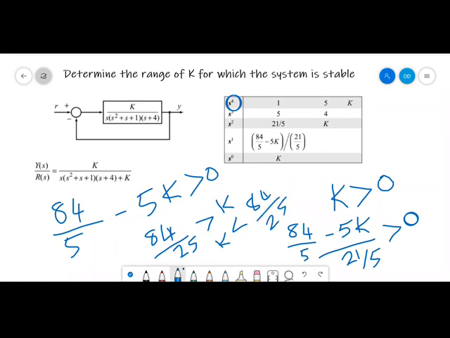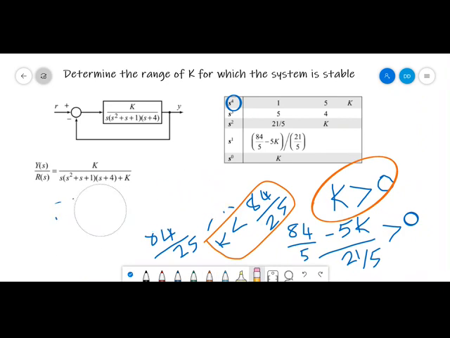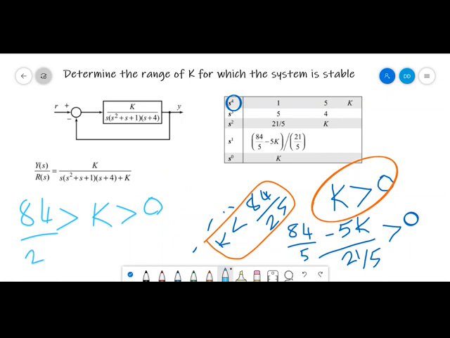So our K value should be greater than 0 and less than 84 by 25. This is our range of K.